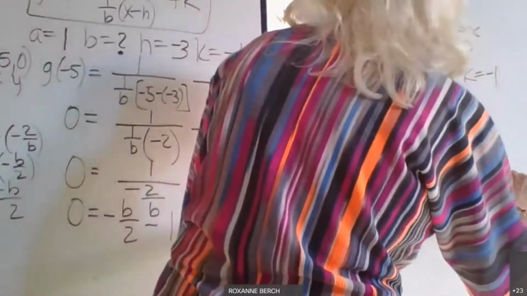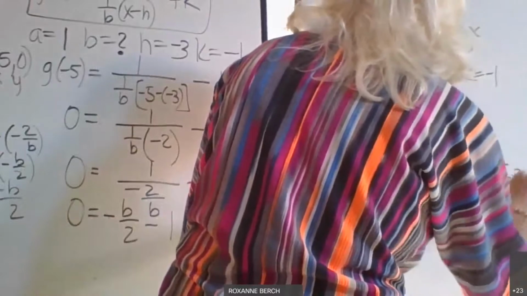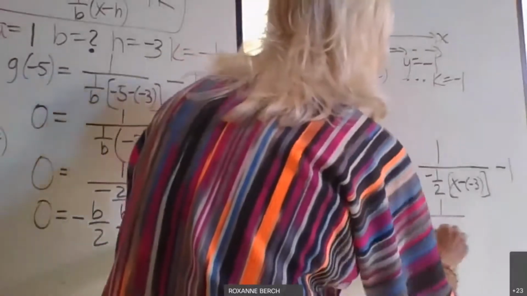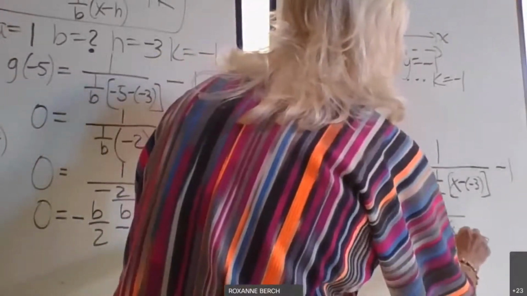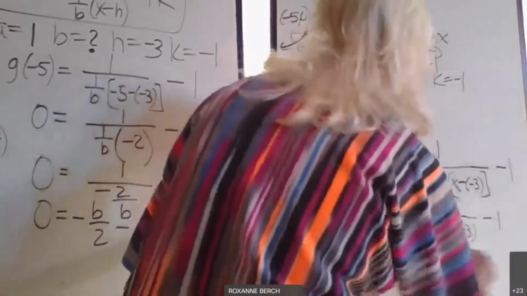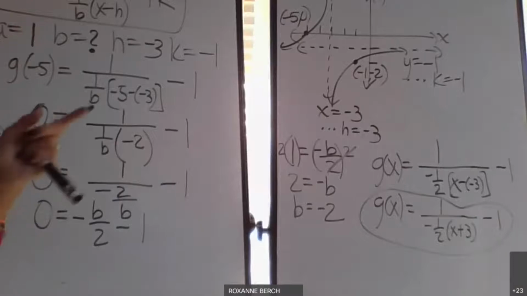Times x minus h, would be x minus -3, minus 1. I've got to write it one more time. So it's going to be g of x is equal to 1, in the form that they want, -1/2 times x plus 3, and then minus 1. And that is the correct answer.